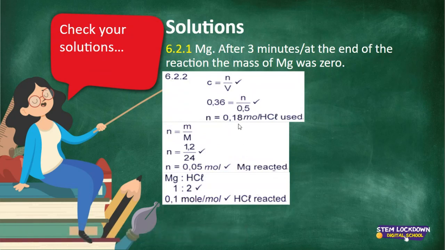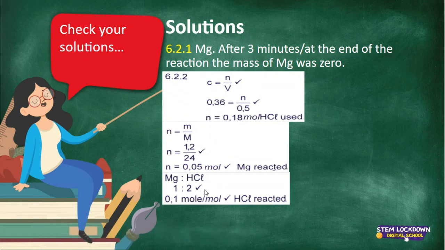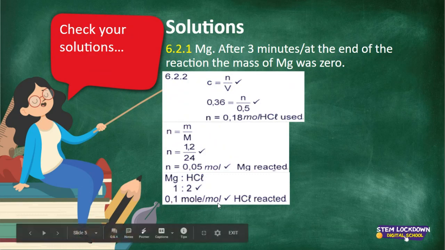Now, the number of moles of hydrochloric acid that did not react, the unreacted, will be the number of moles of hydrochloric acid that was used minus the one that reacted.